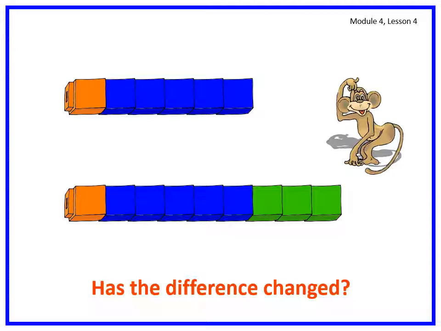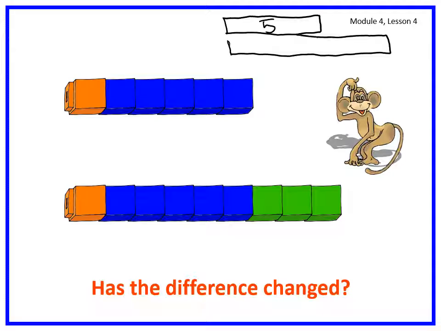So you should say no, because if you take a look at this new number sentence, really what I've done, I have 5 on top, and then I have my 8 on the bottom, but then I've added one more to each side.